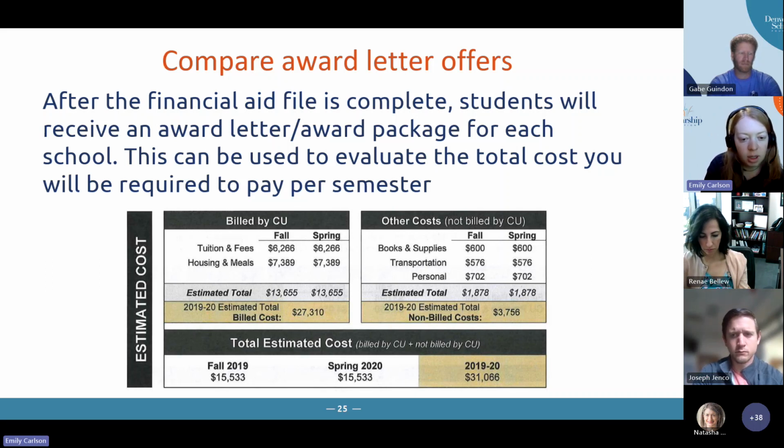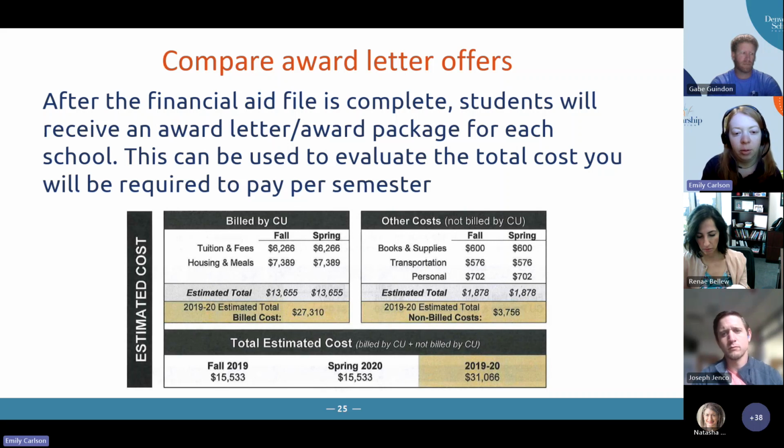It's saying, okay, your tuition is going to be $6,266 a semester, housing, and so on. As Gabe was saying before, we have the direct and indirect costs, so it breaks it down for the students in many schools' financial aid packages, and it helps us get an idea of how much they'll be paying or asked to pay at the end of the day.